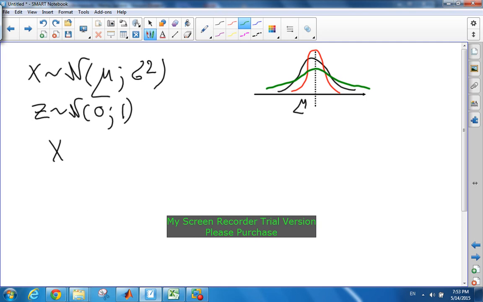Anyway, there is a connection between x and z. You can always convert x by a simple transformation and get z.